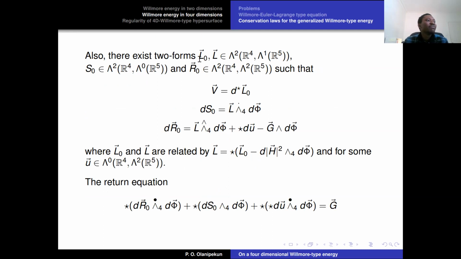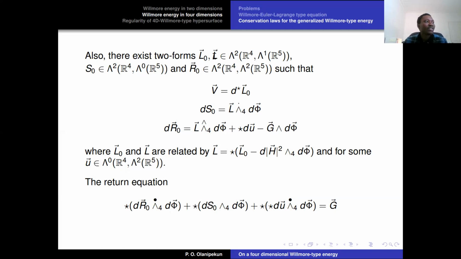But at the same time, these two are just one. So there are two forms, but one vector: vector valued two forms, from R4 to R5. S is a scalar, but is a two form. R naught is a two form and also a two vector.